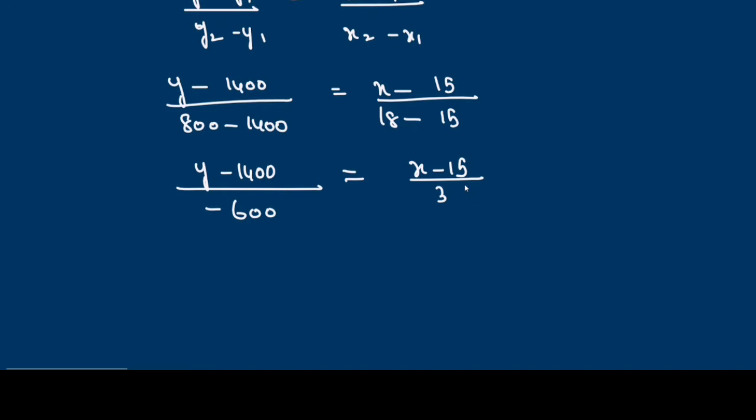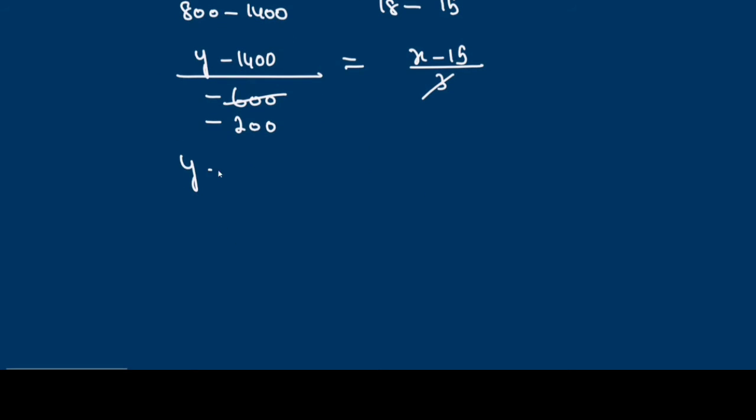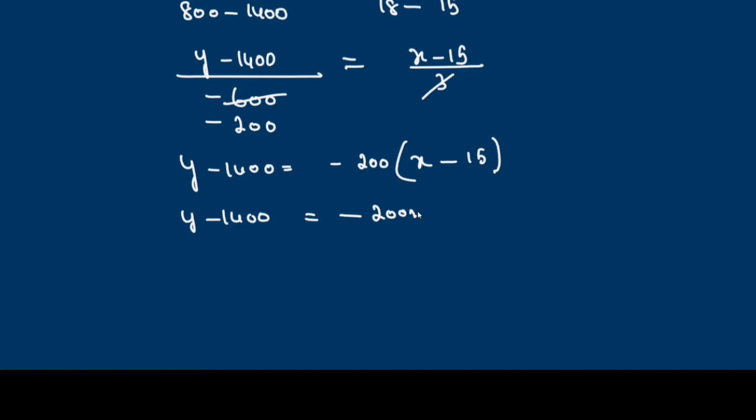So we can cancel the 3, so you get minus 200. So y minus 1400 is minus 200 times (x minus 15). So this is the relation we got. We can write it as y minus 1400 is minus 200x plus 15 into 200, which is 3000.